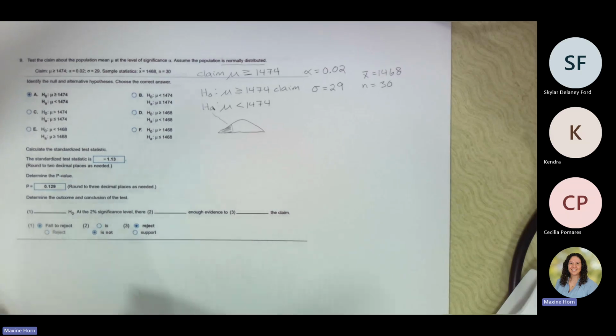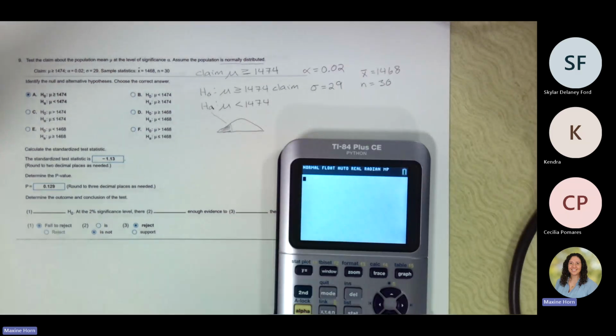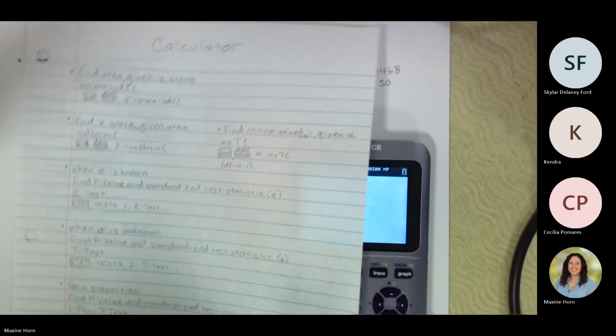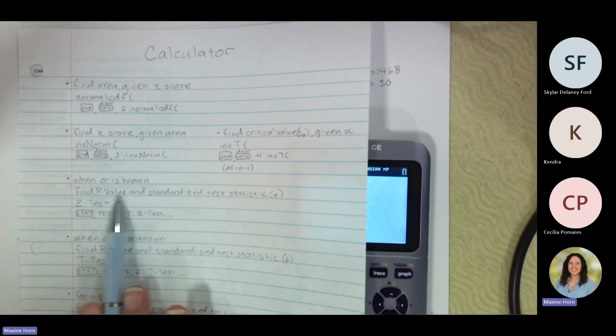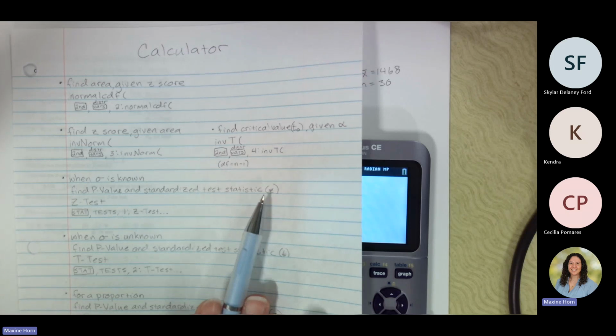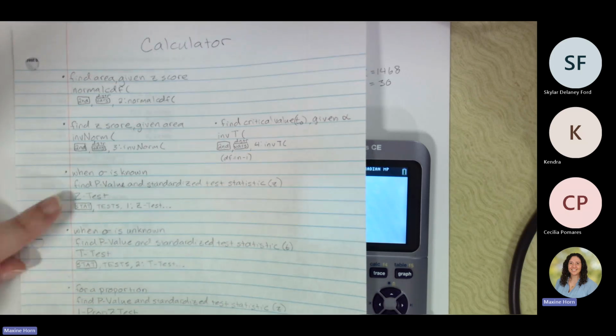You can do these by hand using your formulas and looking things up in the chart in the back, or you can have your calculator do it. When our population standard deviation is known, we want to find our p-value and the standardized test statistic, which is z. We're going to use a z-test.